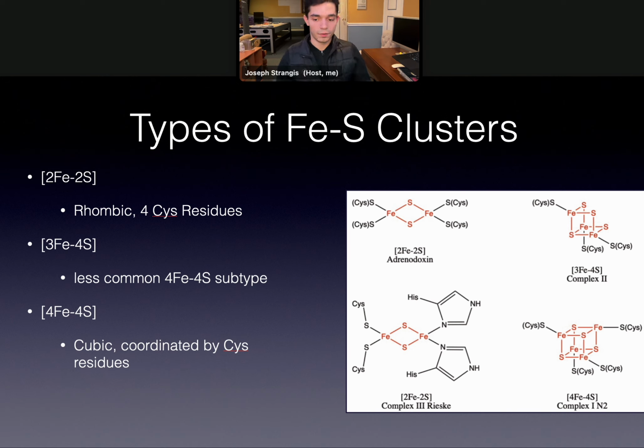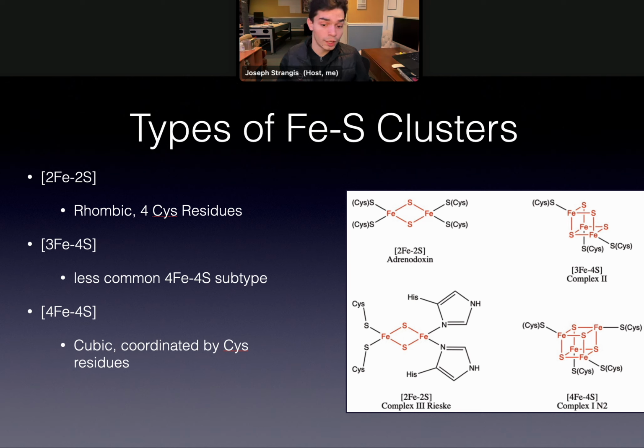Another type are 3Fe-4S clusters, which are a little less common among these types, but they exist in a variety of proteins still, primarily ferredoxins, which comprise a lot of iron-sulfur clusters, and their specific coordination of iron and sulfur atoms is a unique arrangement. 4Fe-4S clusters have a cubic structure with iron and sulfur atoms found in alternating corner patterns.